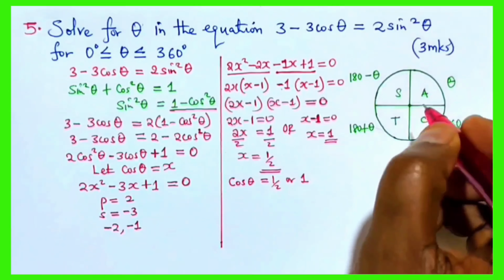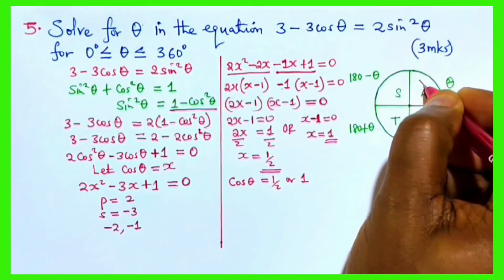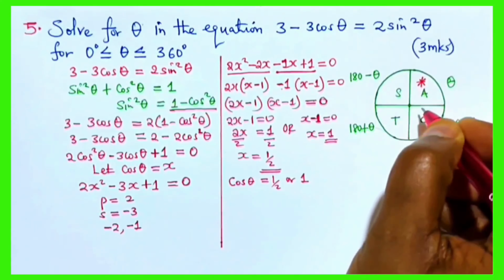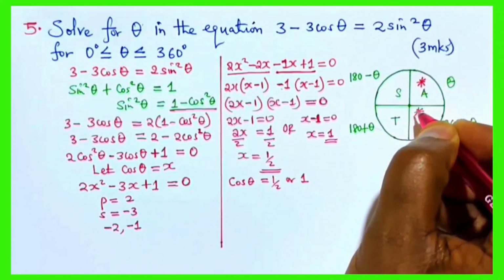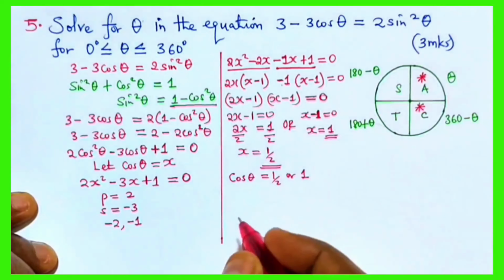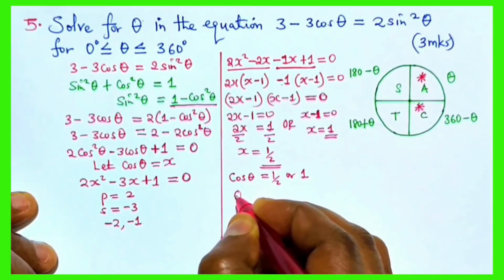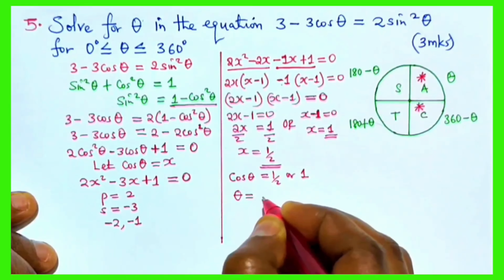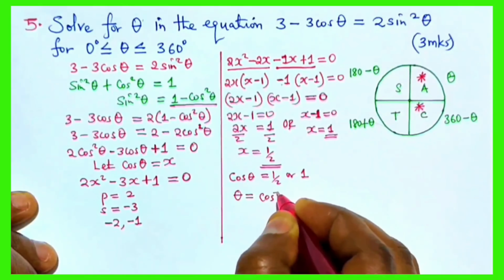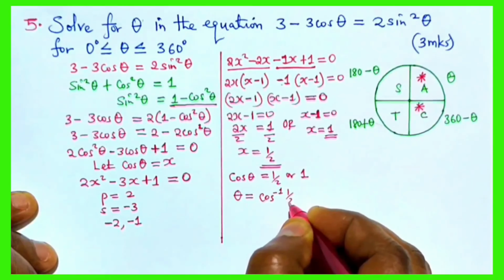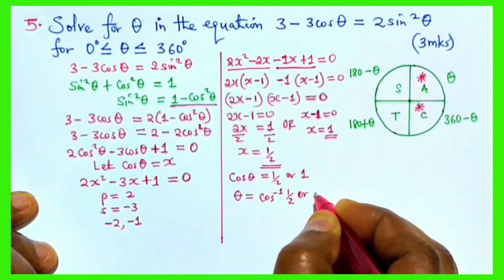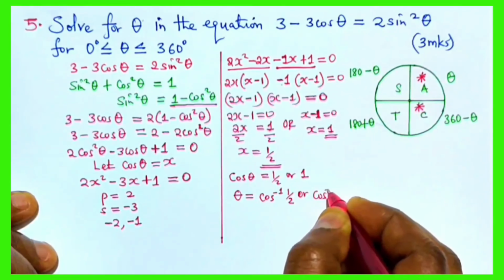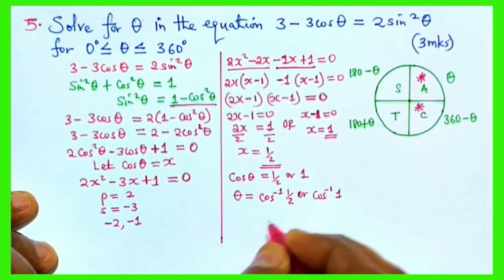So the cosine is positive in the first quadrant and also in the fourth quadrant. But again, the two values of theta will be equal to the cos inverse of a half, or we can talk of the cos inverse of 1.